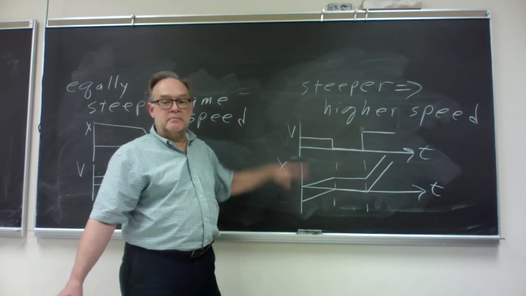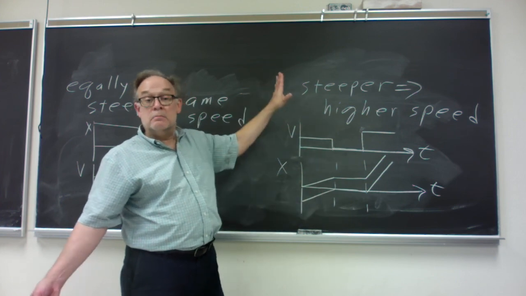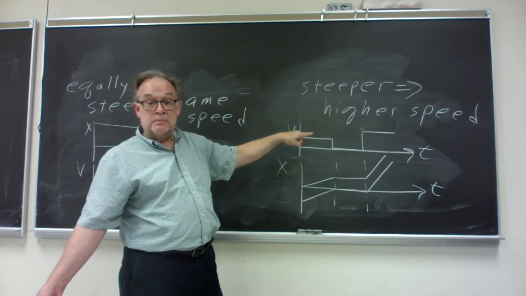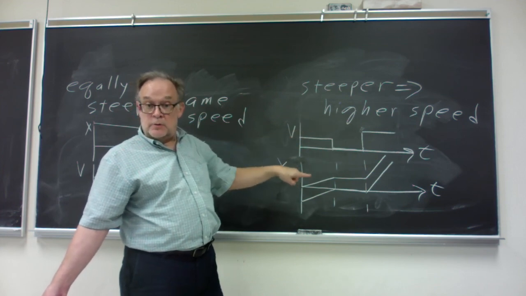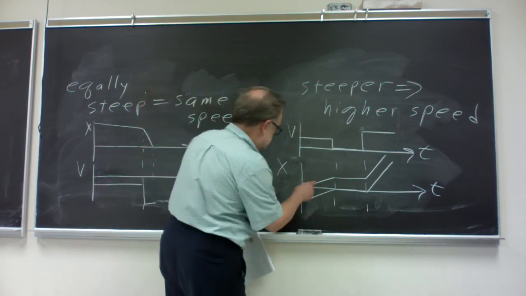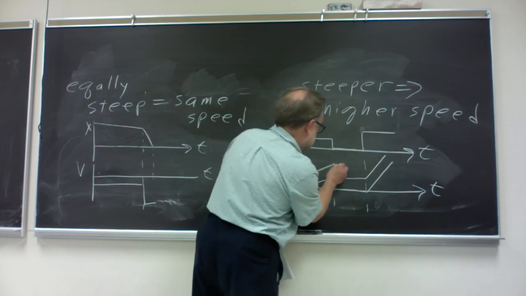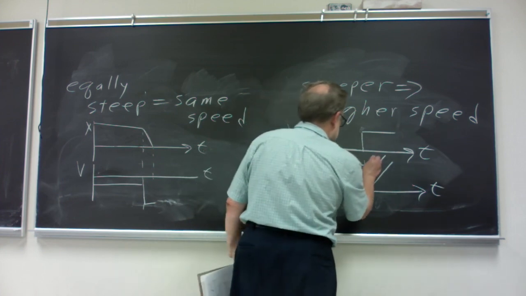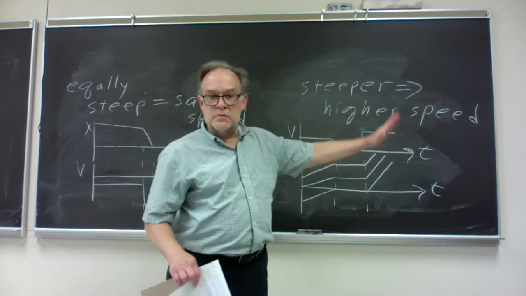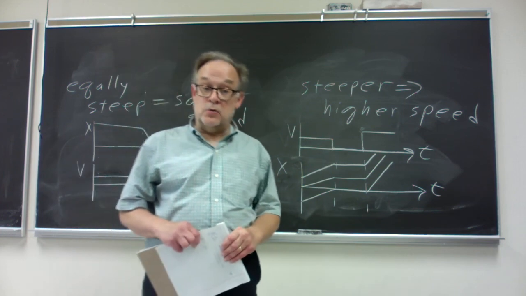Any line that passes through any locations whatsoever, if it has this slope, it'll be a legitimate position line that corresponds to this. All three of those correspond to the same velocity graph.